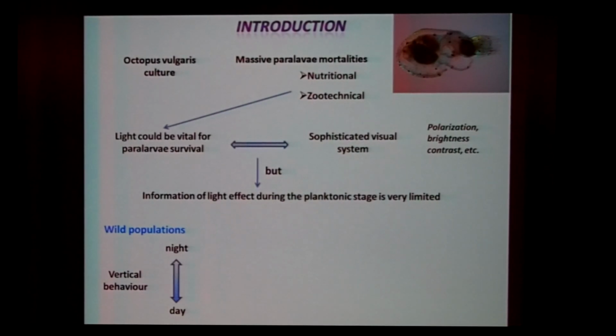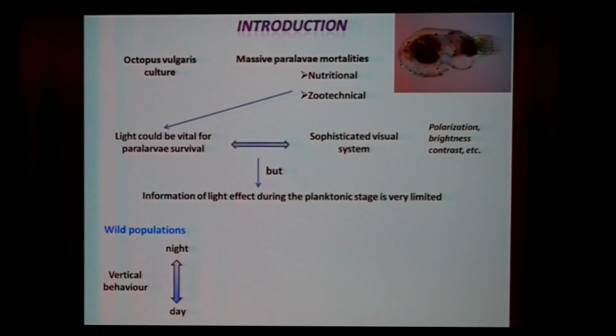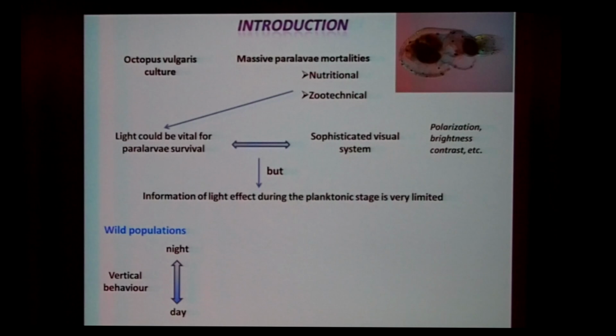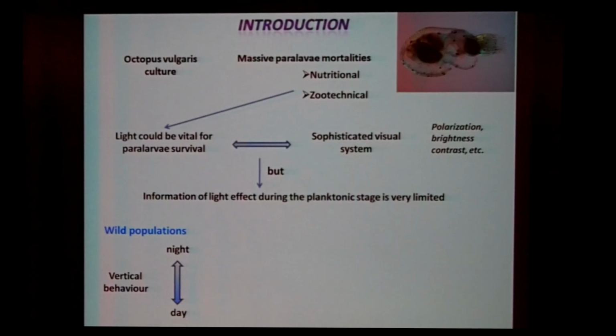Regarding this, in wild populations, one of the authors, Roura, and other colleagues, studied the paralarvae in the natural environment. The data suggest that there is a vertical migration in the open ocean.